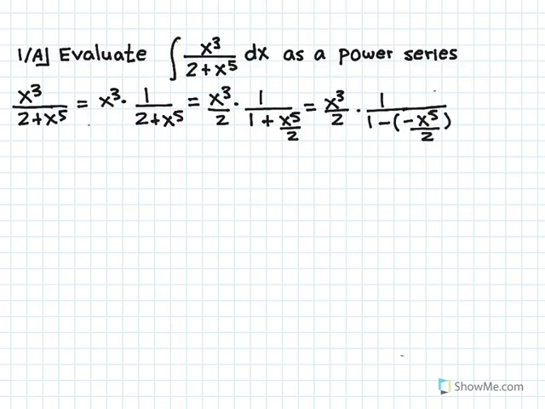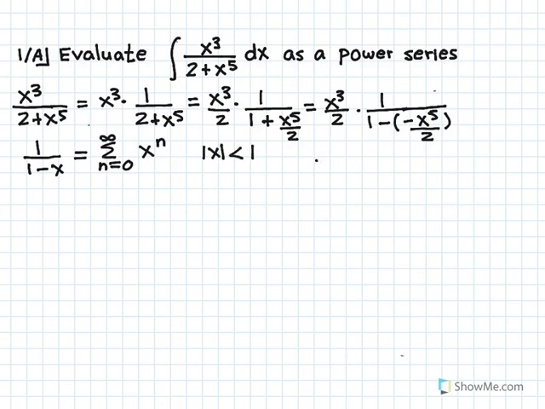So now we can see that we have the pattern of a geometric sum. The geometric sum formula is 1 over 1 minus x. This is a sum of a geometric series. This is equal to summation n equals 0 to infinity x to the power of n for absolute value of x less than 1.